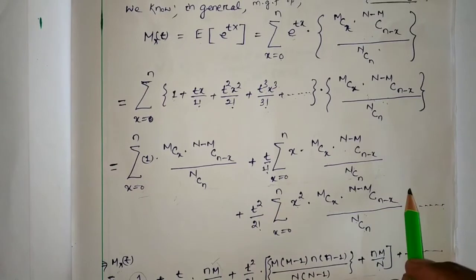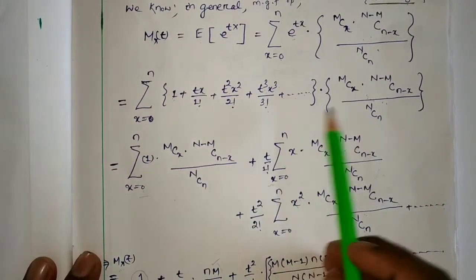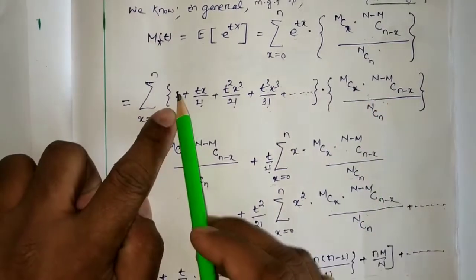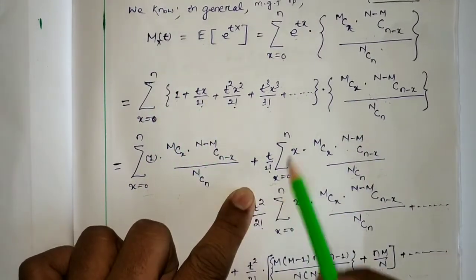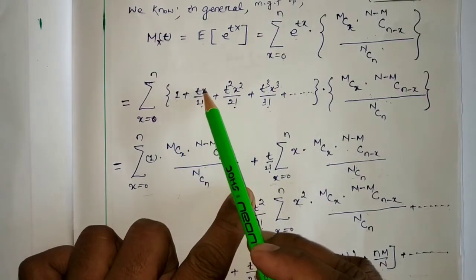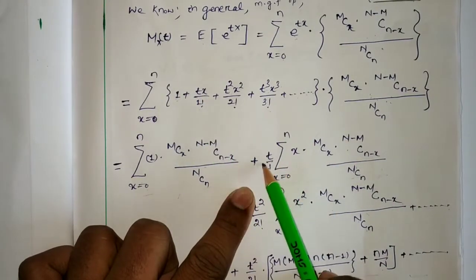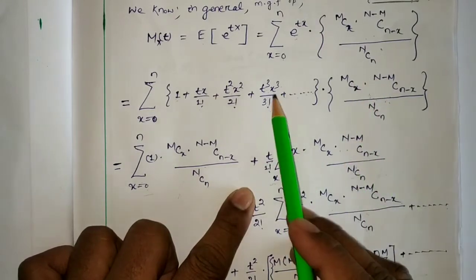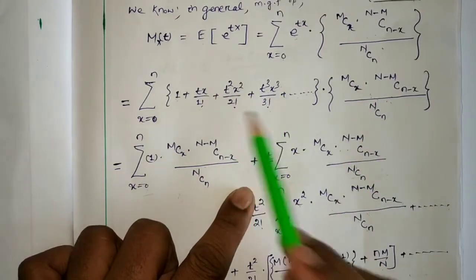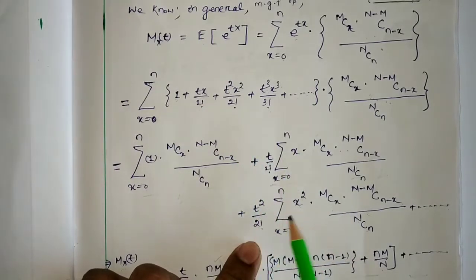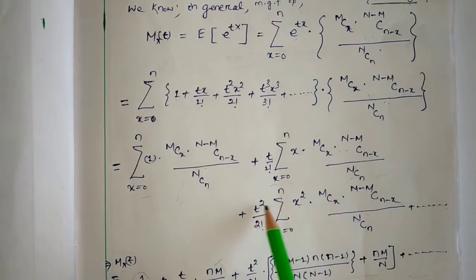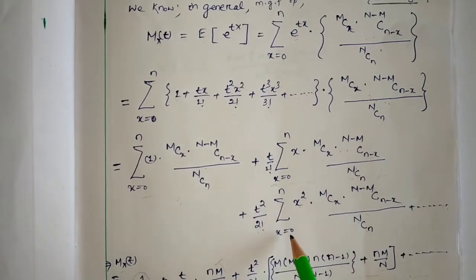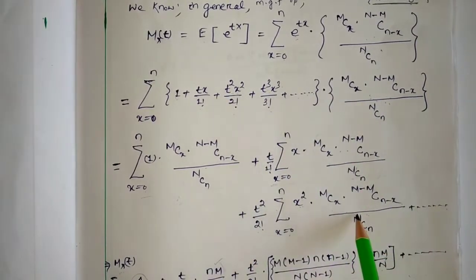Here you can see that the first term has been multiplied with 1. We get 1 into the PMF, plus the summation over x equal to 0 to n of tx by 1 factorial, where t by 1 factorial is taken outside, x into the PMF, plus t square x square by 2 factorial, so t square by 2 factorial is taken outside because the summation is on x, and the summation over x from 0 to n of x square times the PMF.